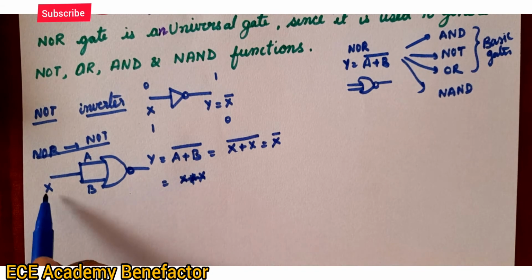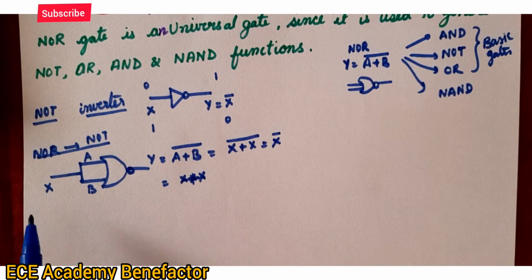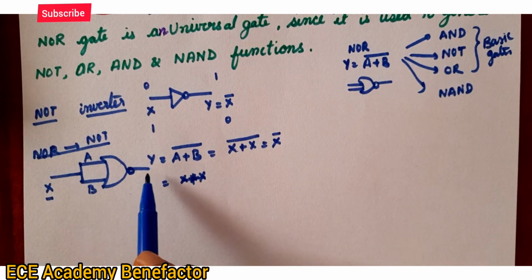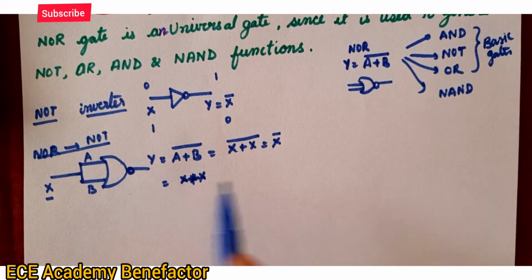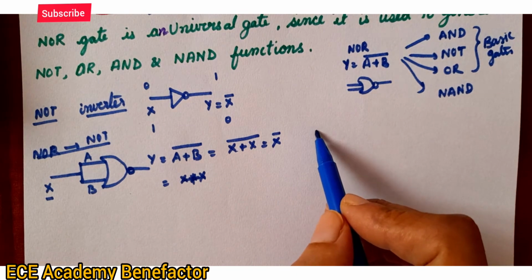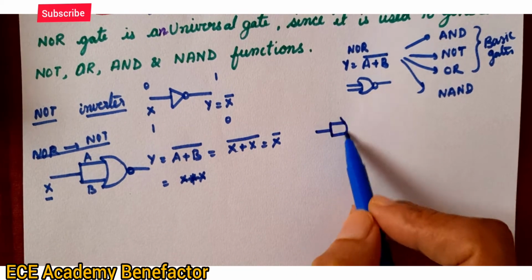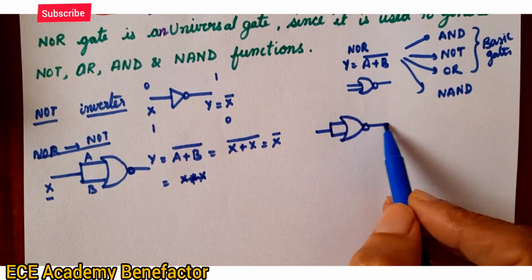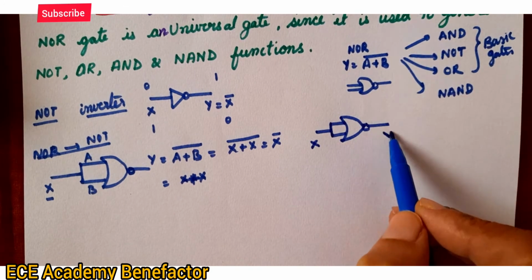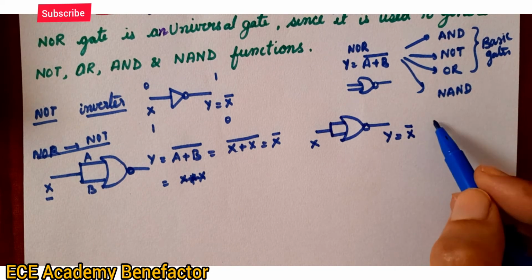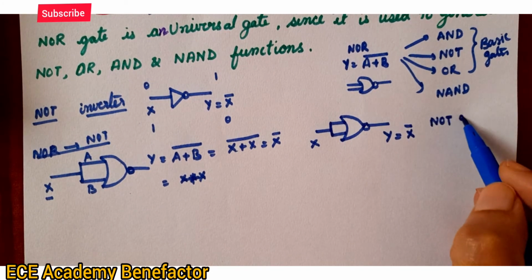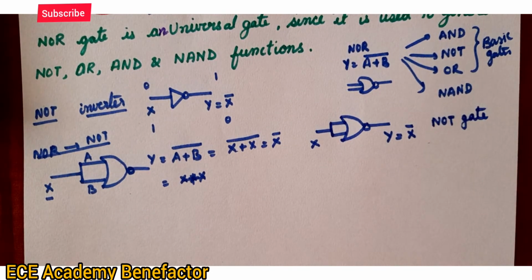So what is the input? Input is X, so what are you getting? X bar. So it is becoming the complement. So when you are giving input as X to the NOR gate, the output is coming as X bar. So it is working now as a NOT gate, NOT function.